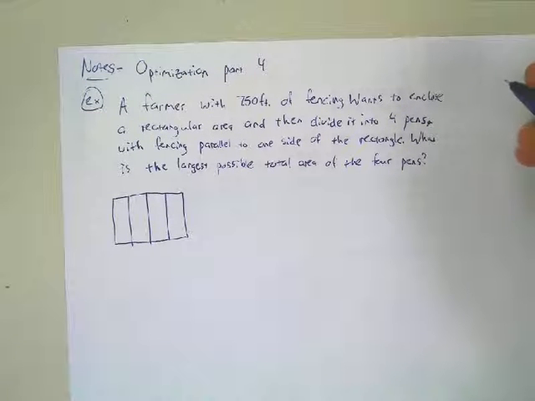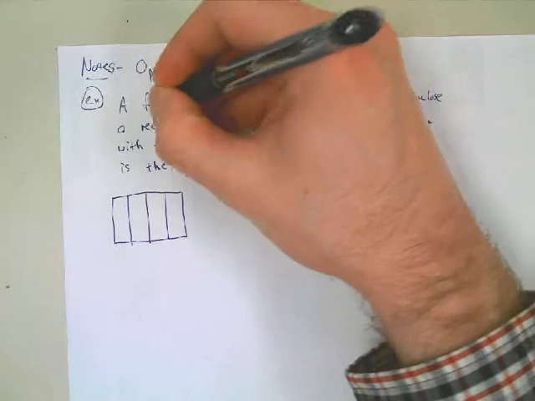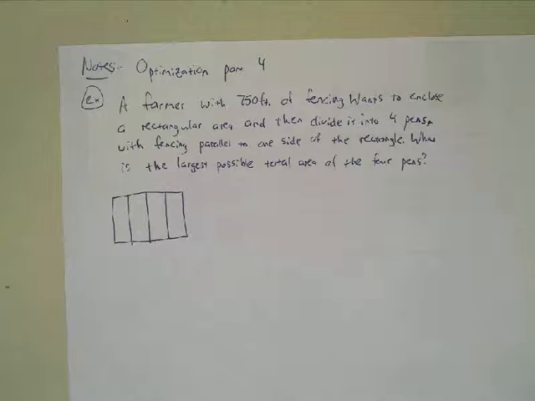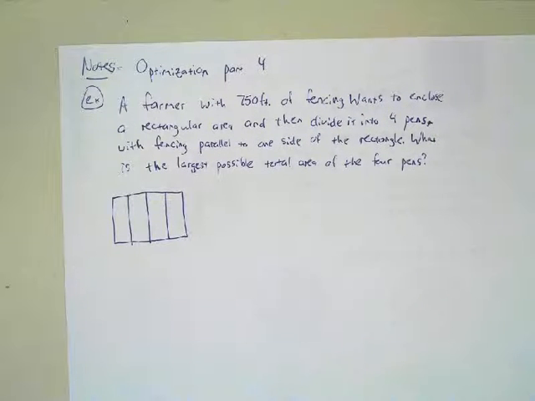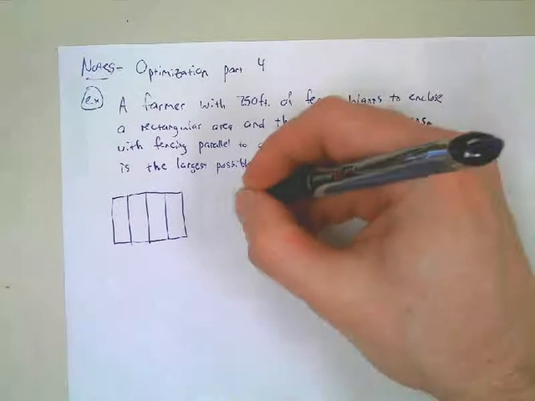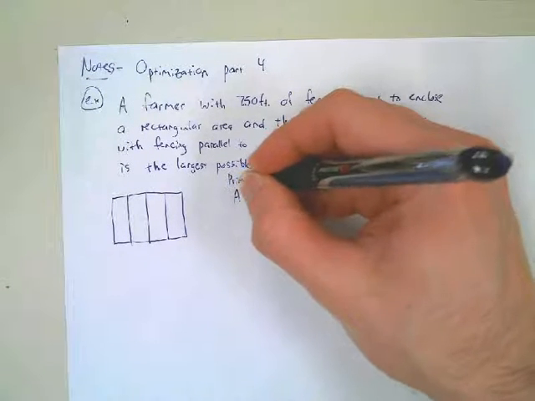Here we go. So we want to come up with some equations here. Christian, what concept are we going to use for our primary equation? The area. So we're going to find the area of this thing. Area is the primary, because we're trying to maximize or minimize that.